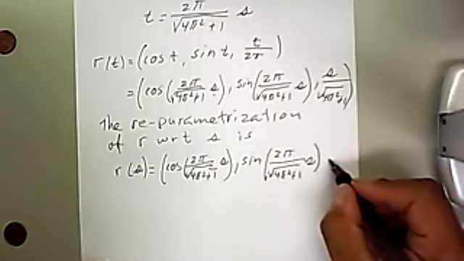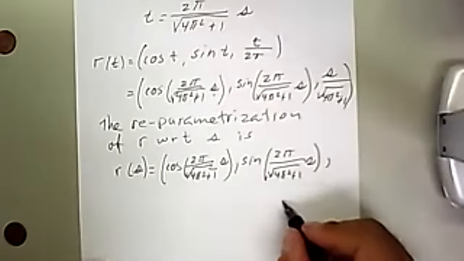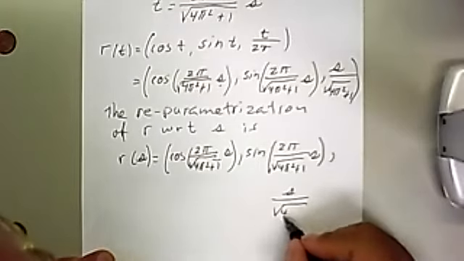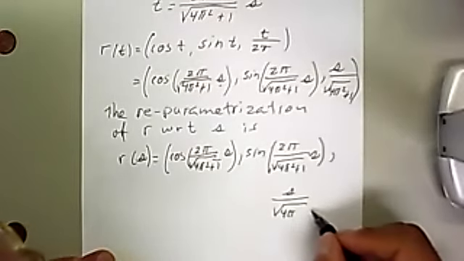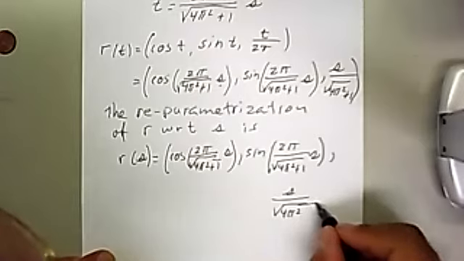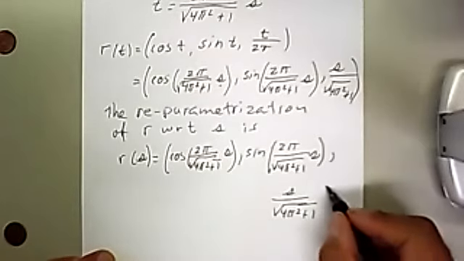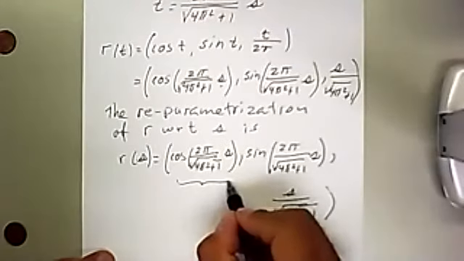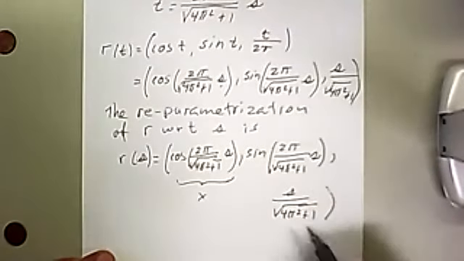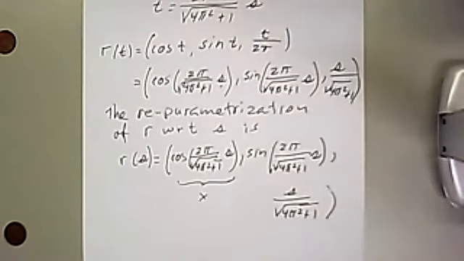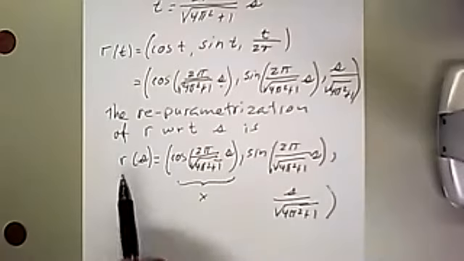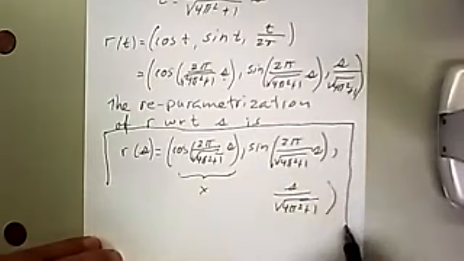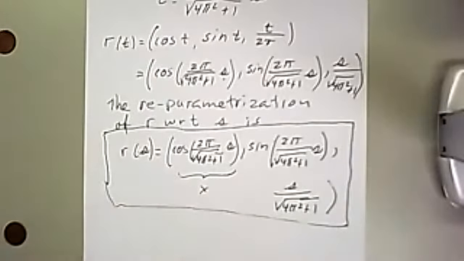I did not have enough room to put my third coordinate, so I'm going to continue underneath: s over the square root of 4 pi squared plus 1, and then close the parenthesis of the vector. So we have the x coordinate, y coordinate, z coordinate. It just didn't fit in one line very well. But that is the parametrization of the curve r with respect to s.